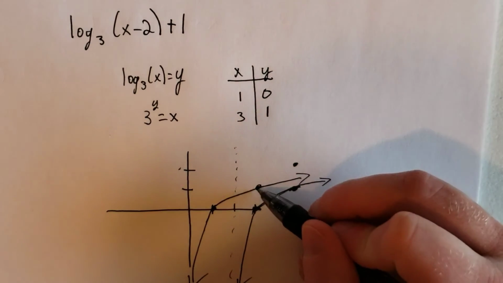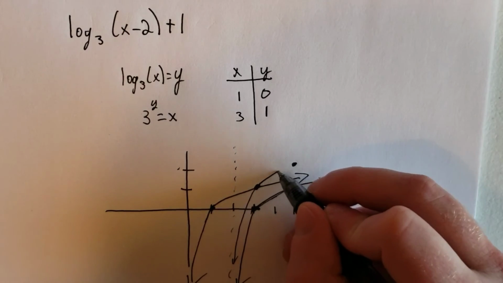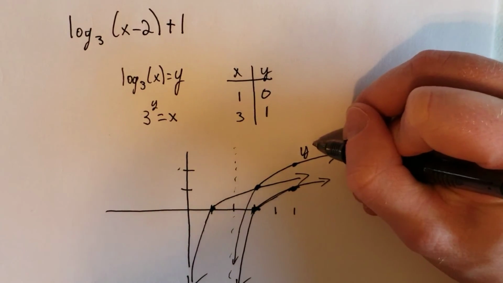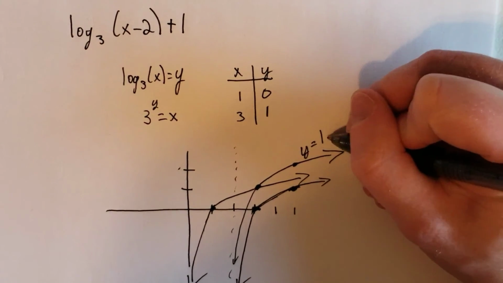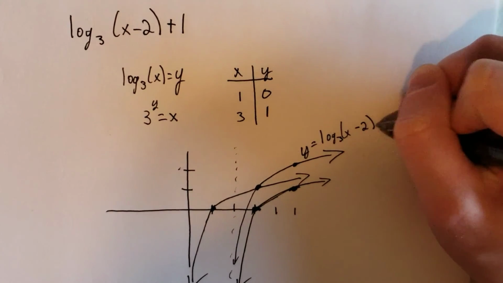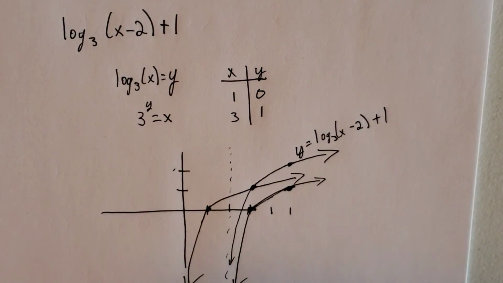And we want to draw this same shape. So again, this is our final graph here, which is log base 3 of x minus 2 plus 1. And that's it. That's how you graph logarithmic functions by transformations.